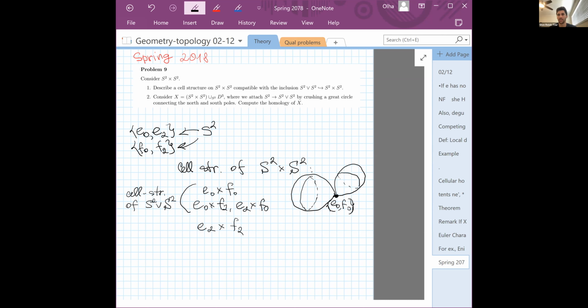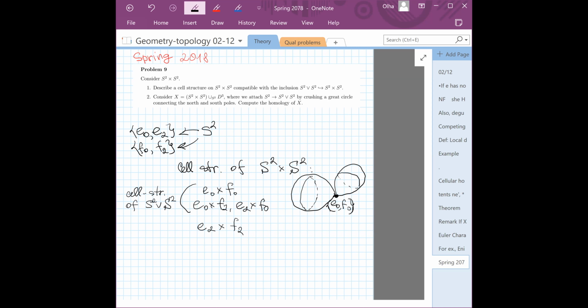It can't be just some product of 2 things. Does that make sense? This does end up being a 4 cell. If you cross Dn with Dk, you get Dn+k. You can see it with the interval: D1 cross D1 gives you a square, which is D2.